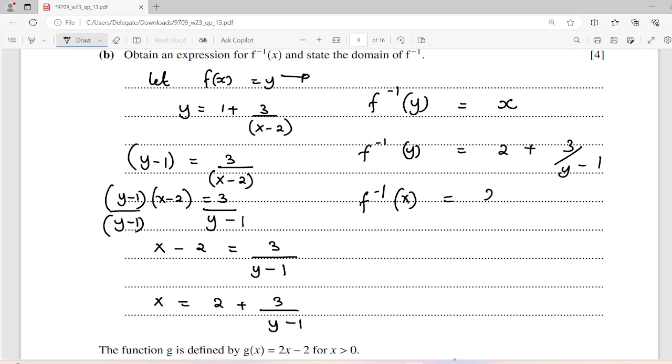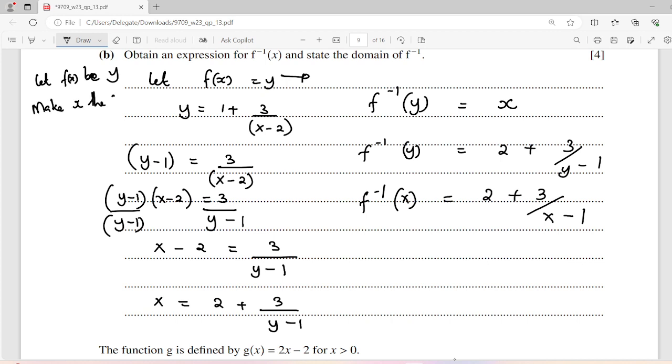So there are 4 steps. I wouldn't want you to start interchanging. That is not A-level maths. So there are 4 steps. 1, you let f(x) be y. Then next, make x the subject.